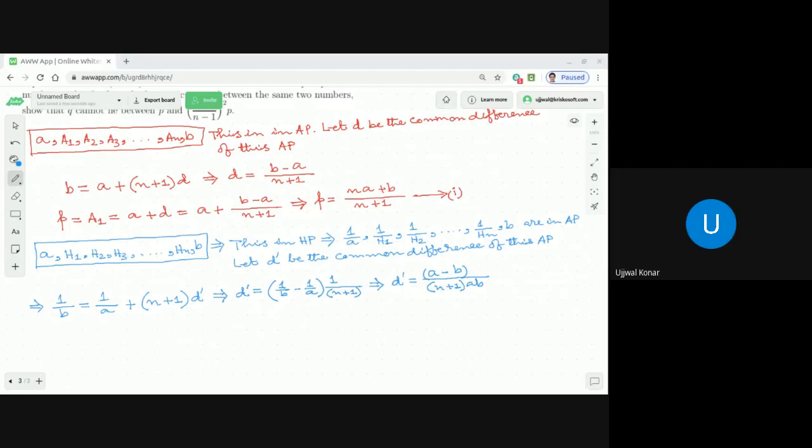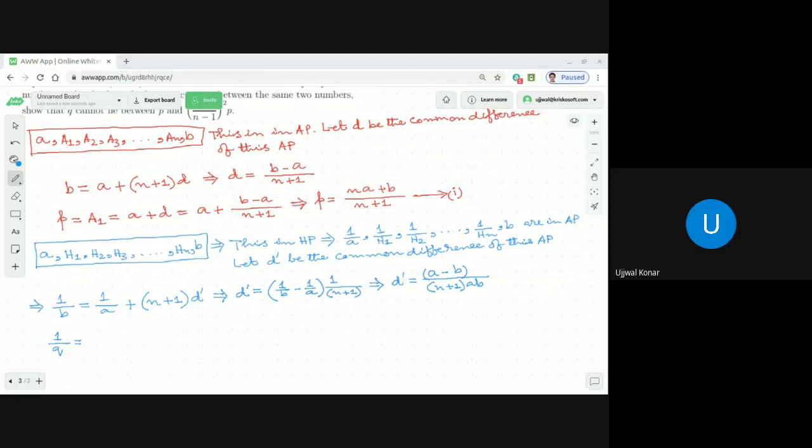So now let's focus on q, because that is also our very important thing. What can we say, 1 by q is equal to what? Can you tell me? 1 by H1, correct or not? Because q is the first harmonic mean among these n harmonic means inserted between a and b.